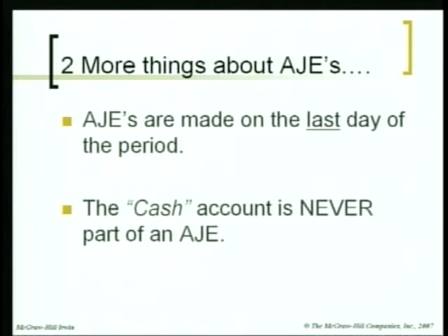Two more things about AJEs. Adjusting journal entries are made on the last day of the period. Now, AJEs are largely done in that period of time where we say we are closing the books. Have you ever talked to somebody and you say, hey, how's work? And they go, oh, it's horribly busy right now. We're closing the books out. Okay? Now, some companies only close the books once at the end of the year.